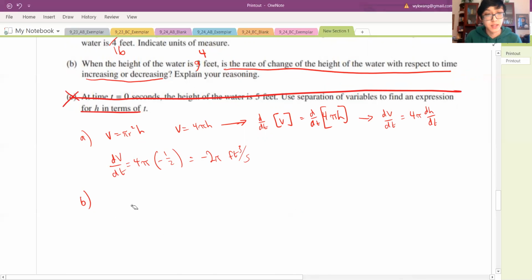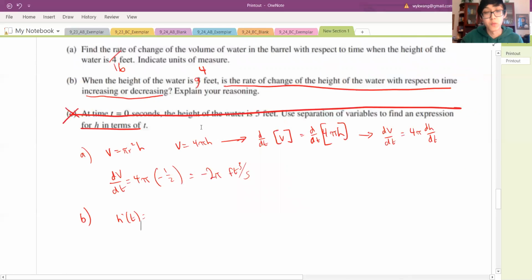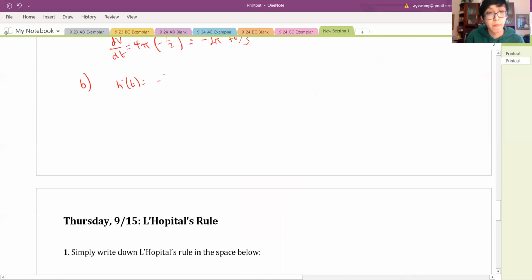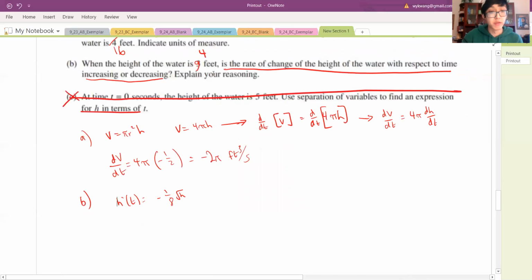You can just say h double prime of t, that's the height double prime. We're already told this is equal to negative 1/8 root h. But we want to know if this is increasing or decreasing at 4 feet. So we need to find h double prime of t.